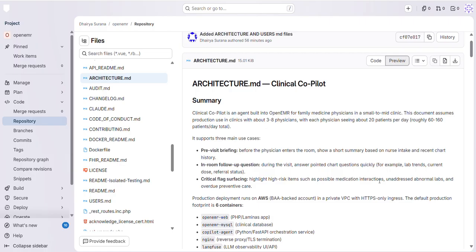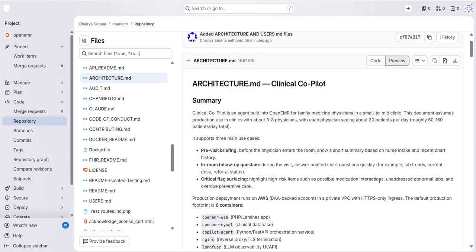Yeah, so my first major design decision was to embed the agent directly into OpenEMR. That way, it reduces context switching and it just makes the user interface simpler, right? I don't necessarily want a completely different screen that the doctors have to switch between, especially when they're moving quickly from patient to patient.